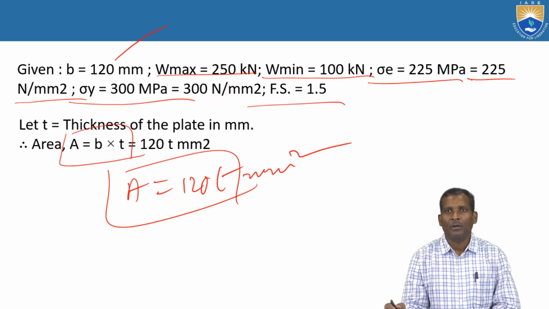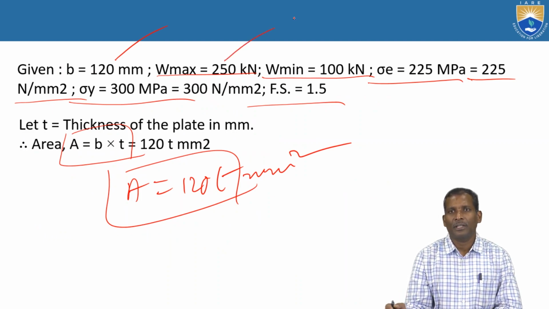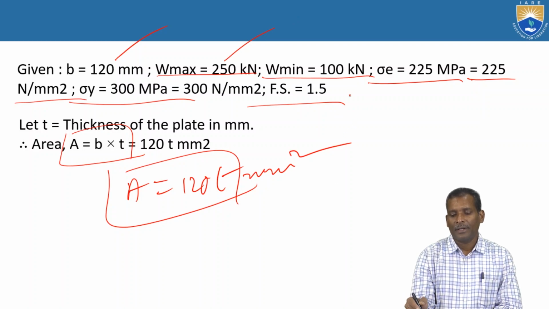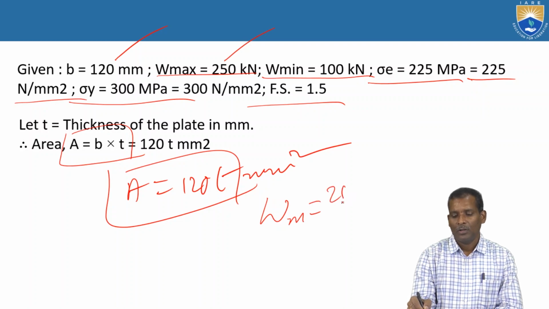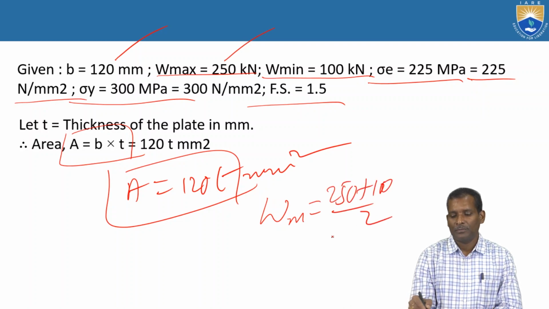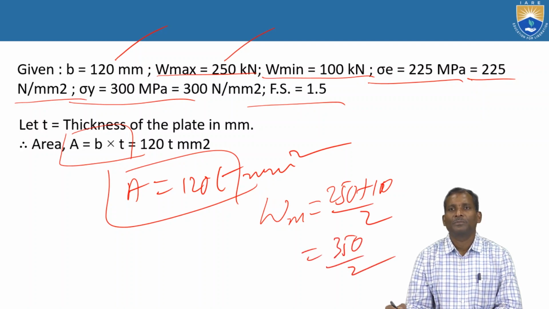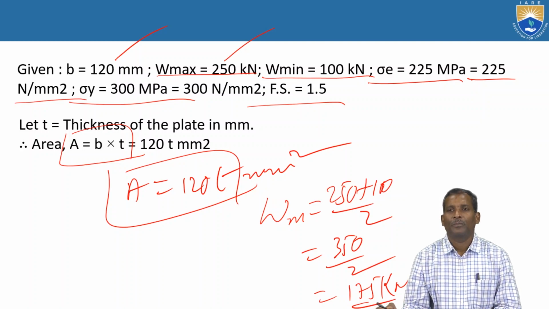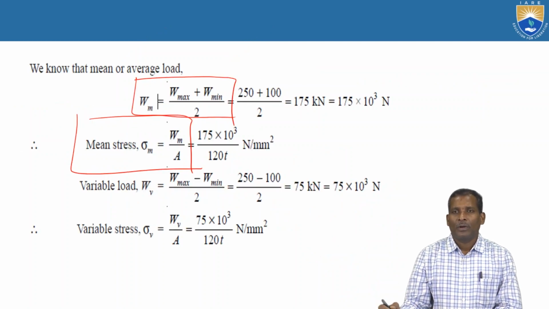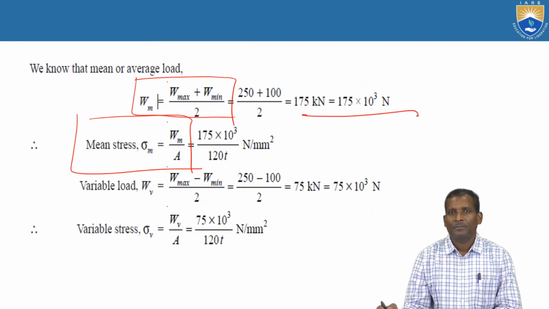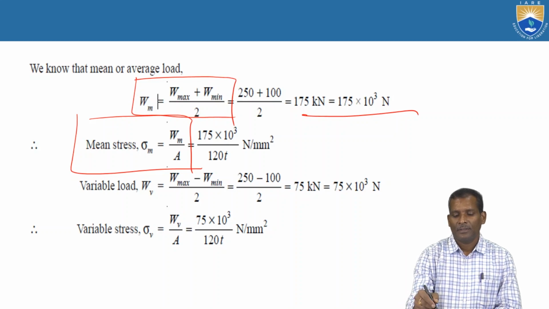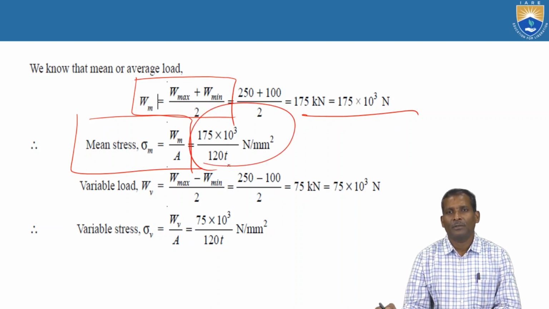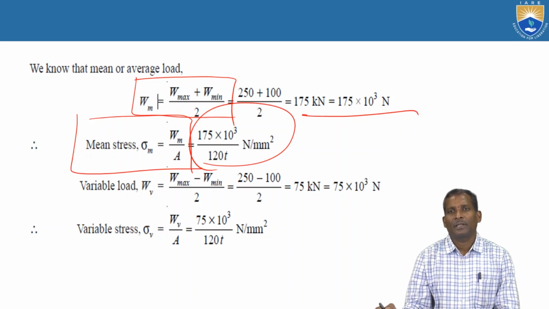In our problem, the maximum load is given as 250 kilonewtons and the minimum 100, so the mean load is 250 plus 100 by 2, 350 by 2, 175 kilonewtons. Now convert 175 kilonewtons into newtons and calculate mean stress. The mean stress will be in terms of thickness.